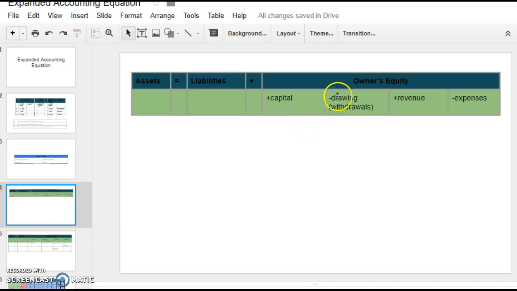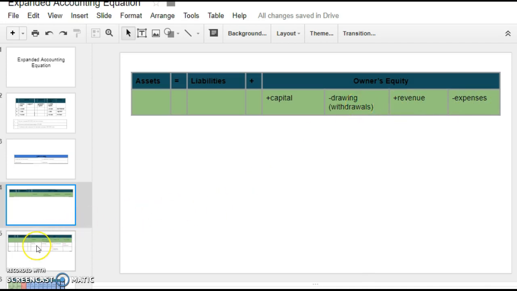These will actually be called revenue accounts now, and these will be expense accounts. So you've got the capital, which is your equity, because these will eventually get dumped into your capital, but throughout the accounting period, we do have to keep them separate.